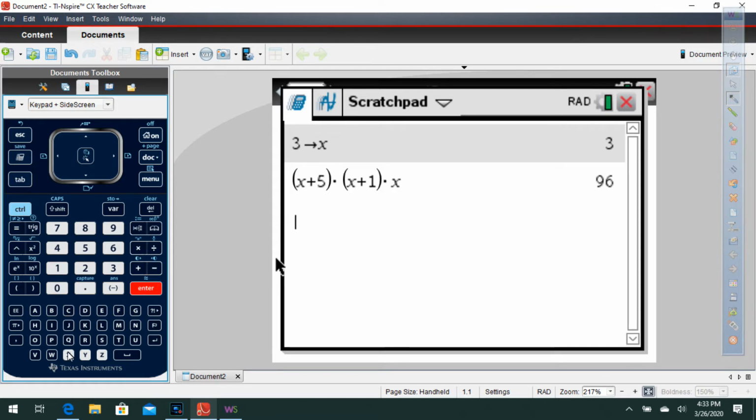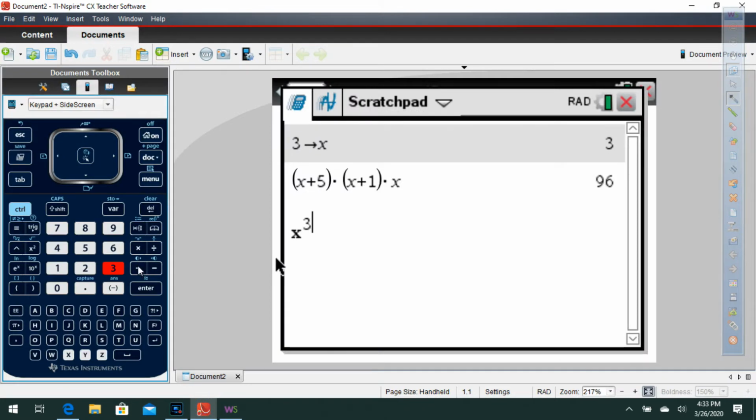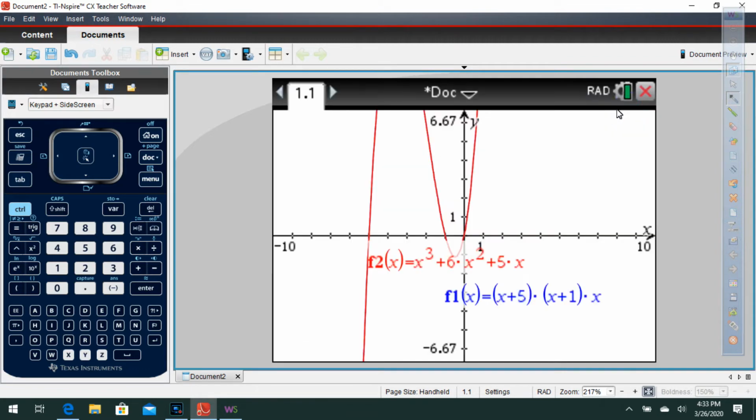Then we'll check our other one: x cubed plus 6x squared plus 5x. Okay, that's another way. And like I said, on a multiple choice test, you can put the original in and then the A, B, C, and D and check and see which one is right.